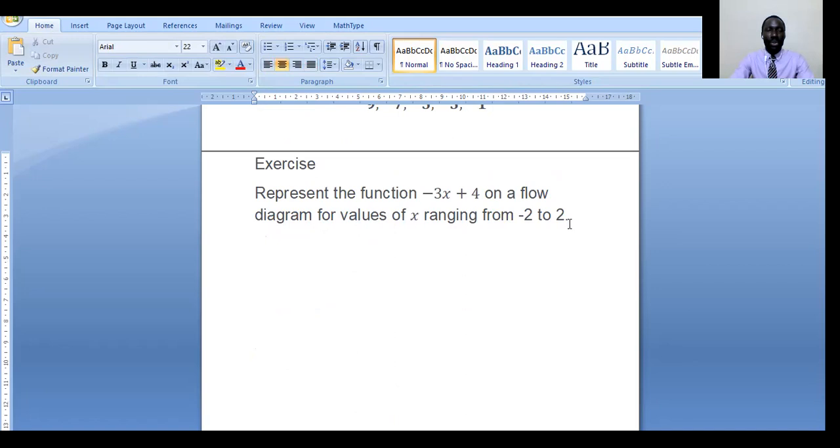You represent the function -3x plus 4 on a flow diagram for values of x ranging from -2 to +2. And as soon as you're done with that, you have to make an effort to submit your exercise. And that's where we are stopping for now.